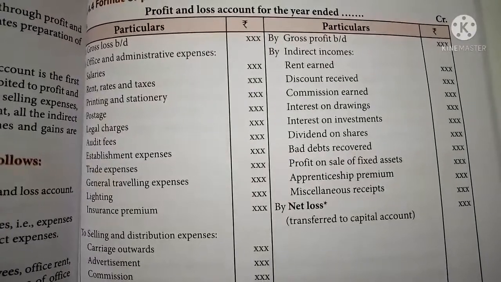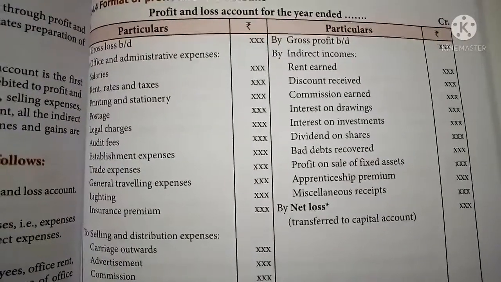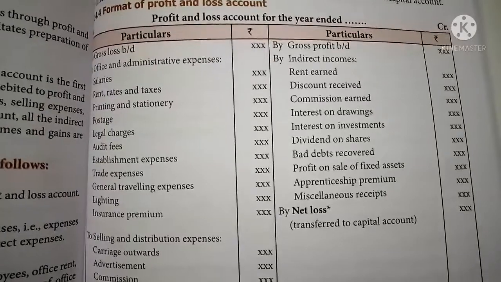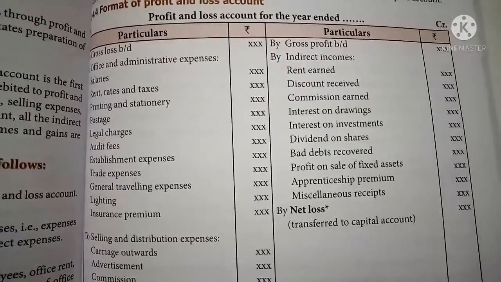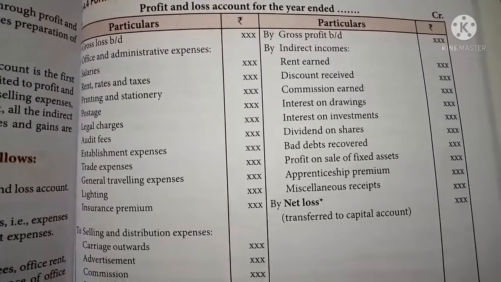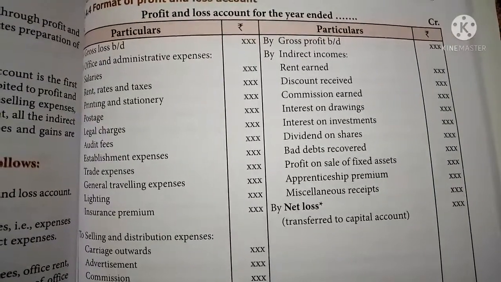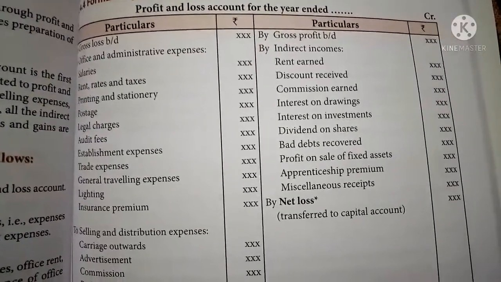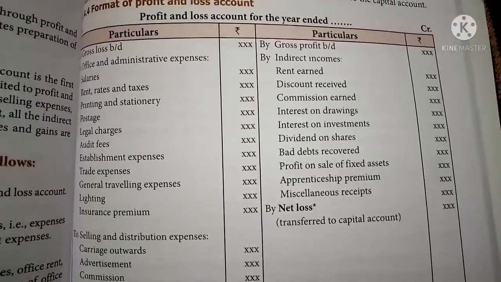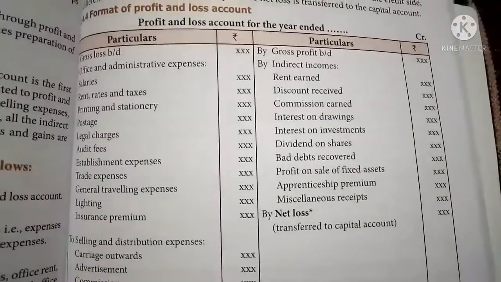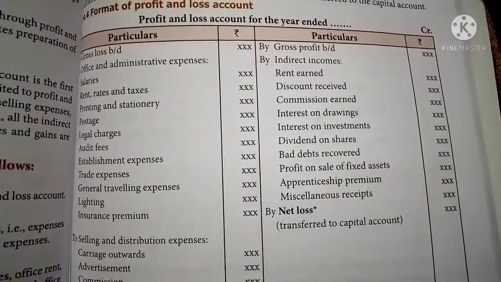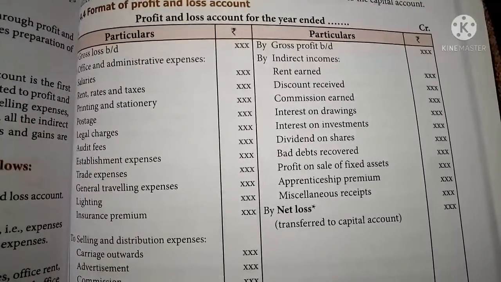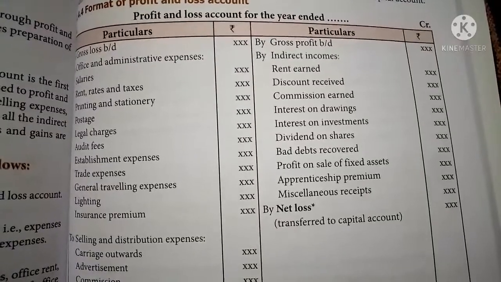In order to understand this concept, we will discuss some example sums to prepare the profit and loss account of a business concern. Generally, while preparing the profit and loss account, you can use both sides of your ruled accounts notebook. The left side is assumed as the debit side, the right side as the credit side.